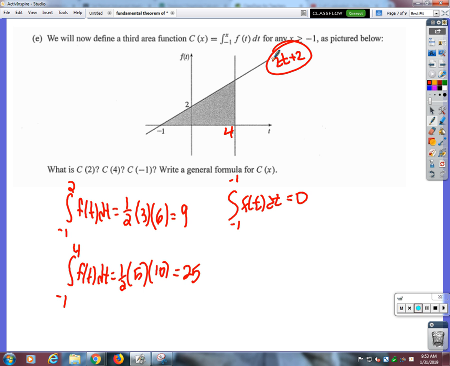So I have to use a different area formula. All right, here's the kicker. -1 to x. Because remember, what we're trying to do is come up with a general formula that we can use for x. So it's going to be 1/2 times the base. What would be the base if this is just x now?